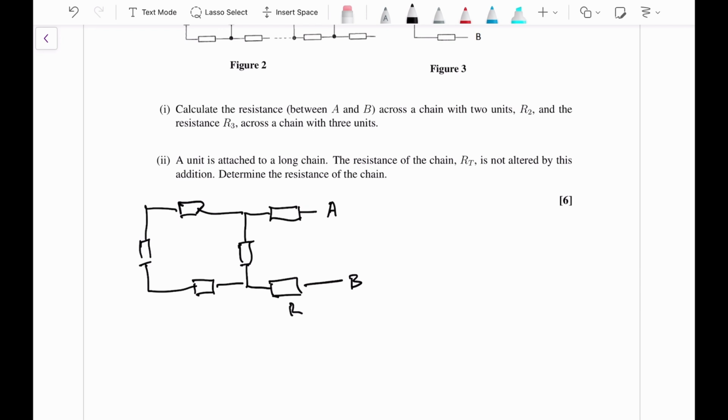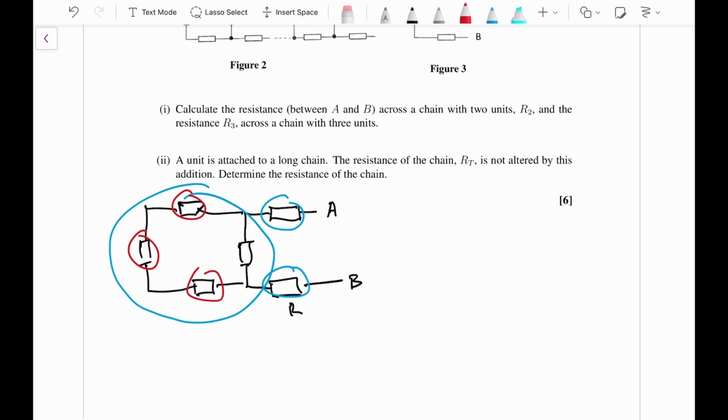I'm going to look at this circuit in this way. So from A to B, there's 3 major components in series. So this is the first part, this is the second part, and then this is the third part. And within the second part, these 3 are in series, which are parallel with this one.